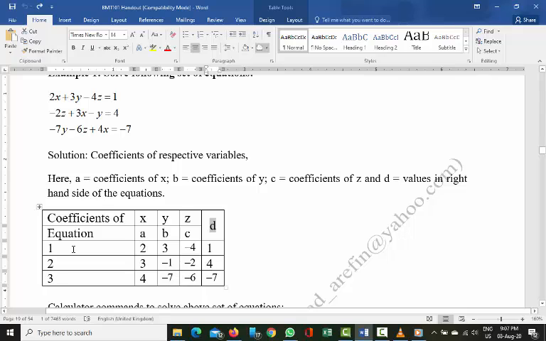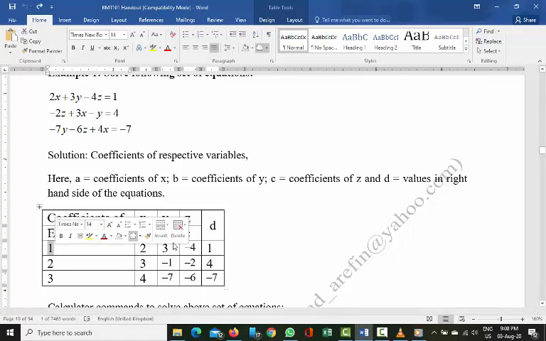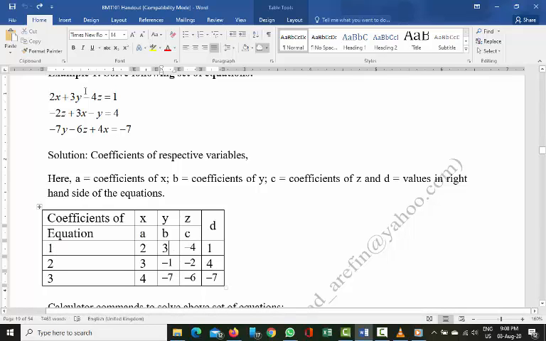So in the first equation we can see that the coefficient of x is 2. So a is 2. In the first equation, the coefficient of y is 3.